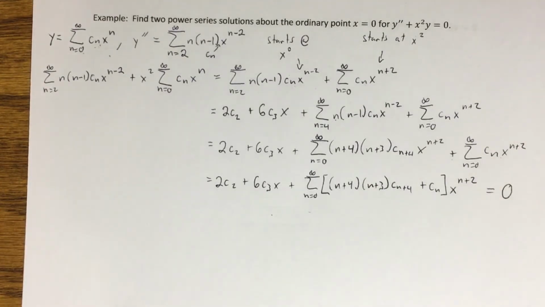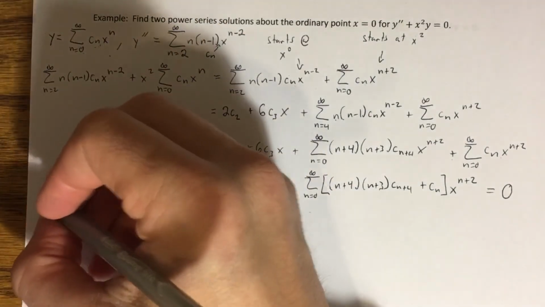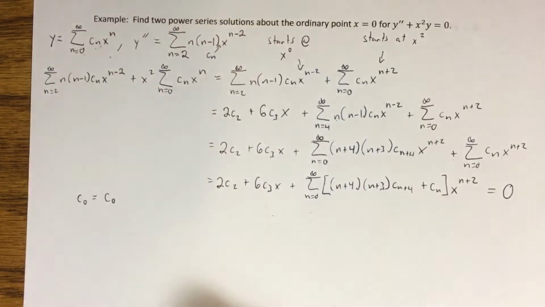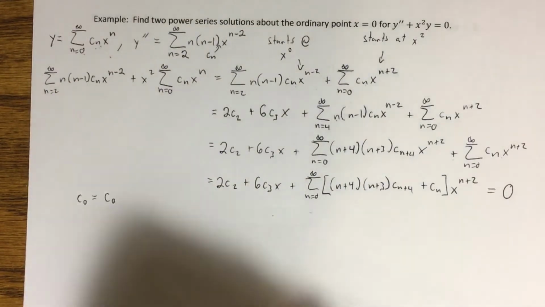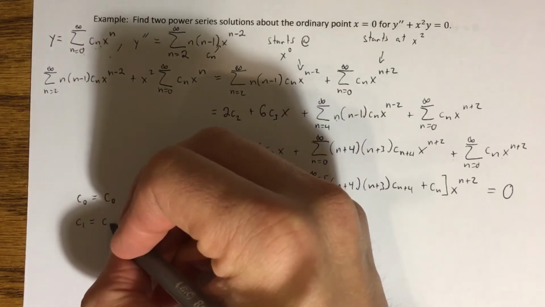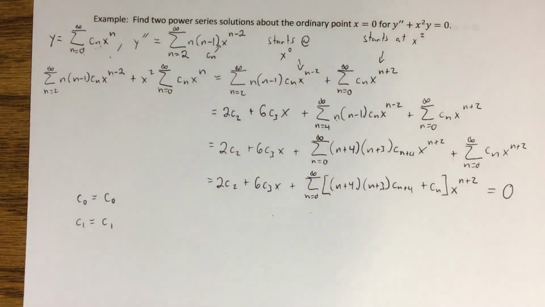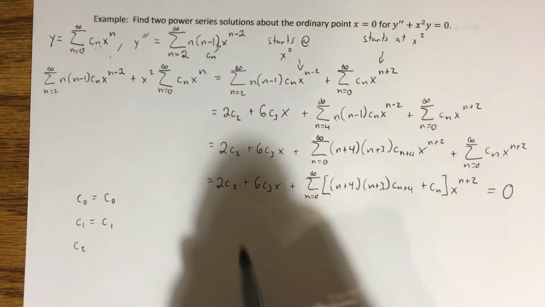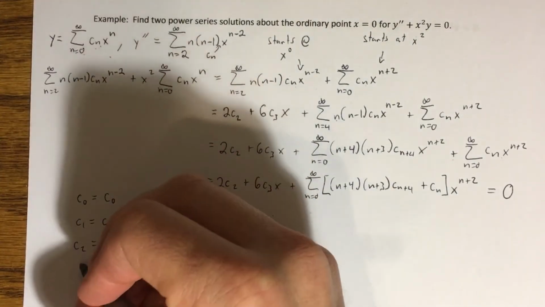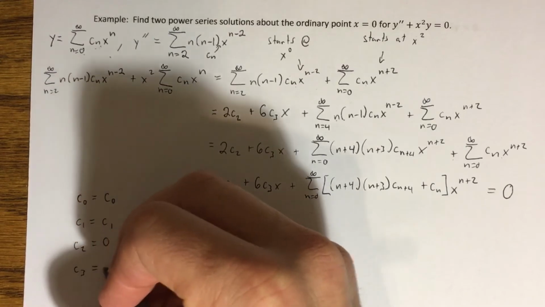But that's okay because those are going to turn into our parameters. So here's what we're going to do. C0, we're just going to continue calling that C0. C1, we're going to continue calling that C1. C2, by the identity property, we're saying has to equal 0, as is C3.